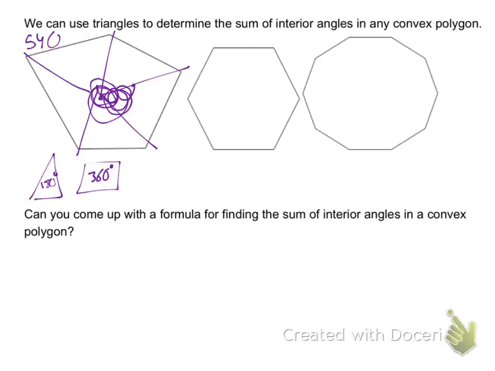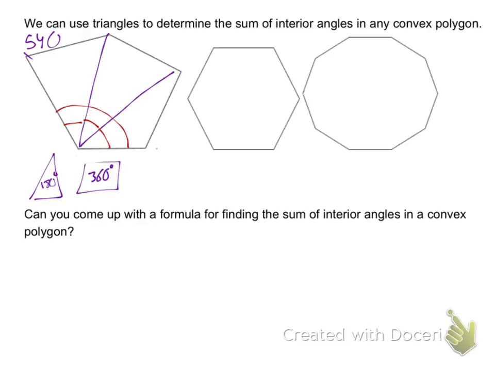Versus, if I go back to here, look at it. Would you guys agree that this angle plus this angle plus this angle is that whole entire one? Can I do the same thing over here? That the 2 angles in these triangles just make up the larger one?